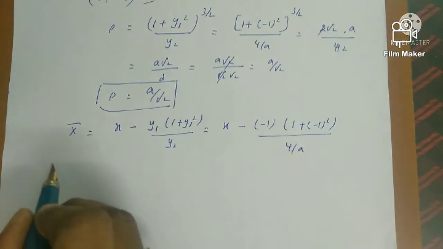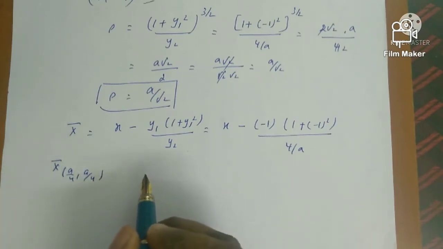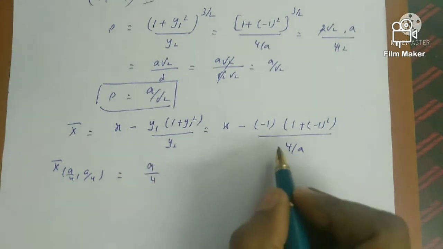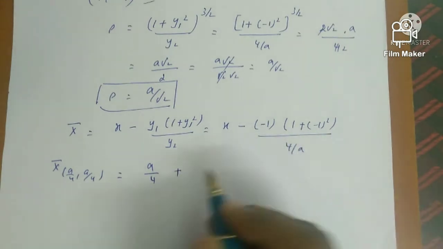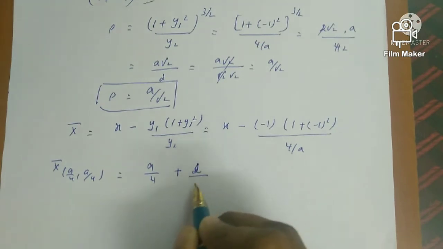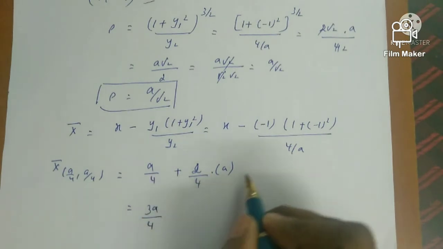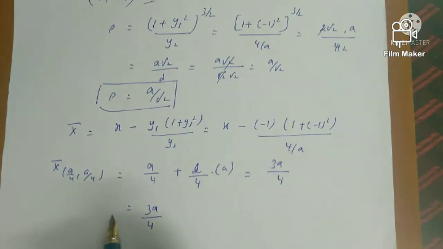At the point a by 4 comma a by 4, for x we put a by 4 and for y also a by 4. Here it is plus 1 plus 1, that is 2, by 4 into a. After simplifying, we get x bar as 3a by 4. 2a plus a is 3a, and for both terms we get 4. So x bar is 3a by 4.